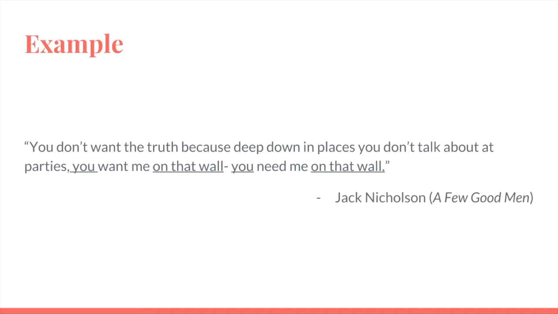The combination of these two creates the symploche, and it creates a strong point for the reader, and also hits home the message. We also know that "you want me on that wall" and "you need me on that wall" is a highly memorable phrase because it's a symploche.